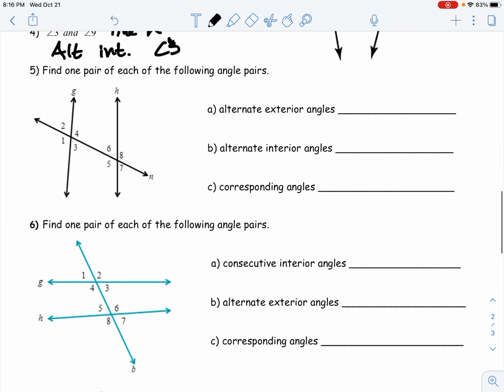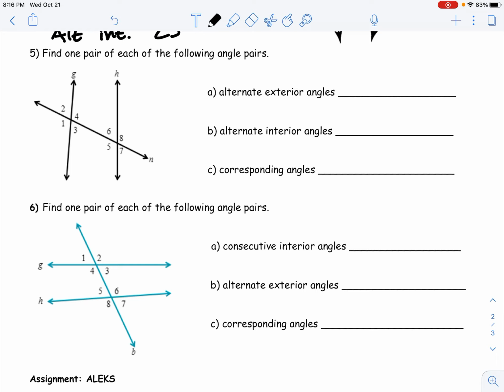Number 5, it says find one pair of each of the following angle pairs. So alternate exterior angles. I would say angle 1 is alternate exterior with angle 8. Alternate interior angles, I would say angle 3 is alternate interior with angle 6.